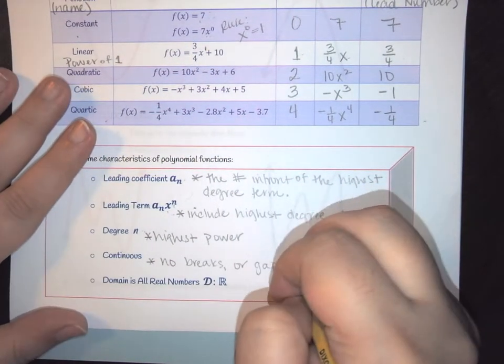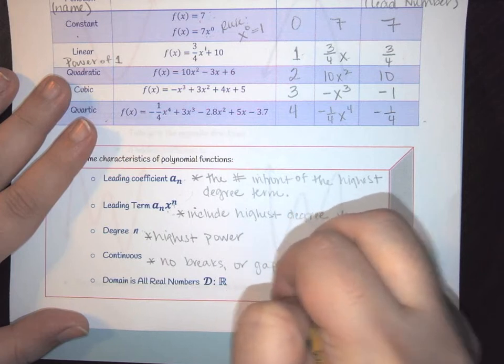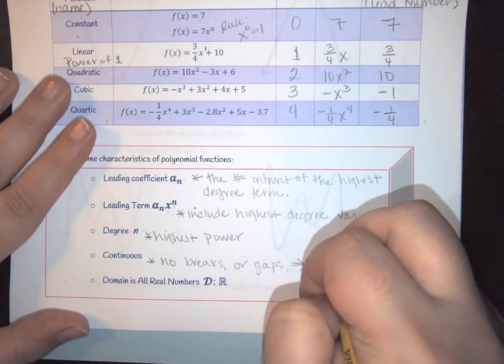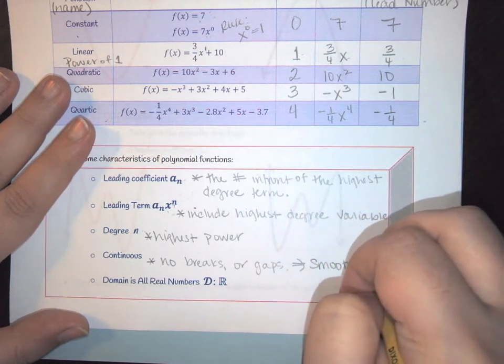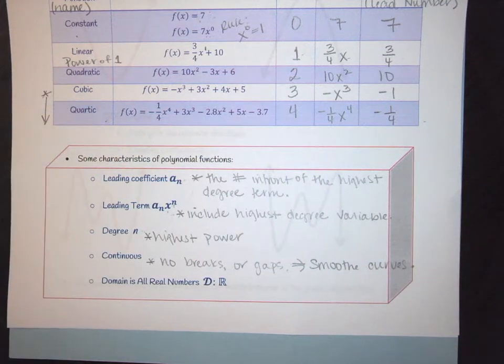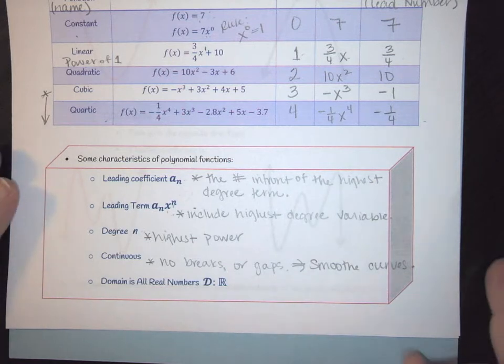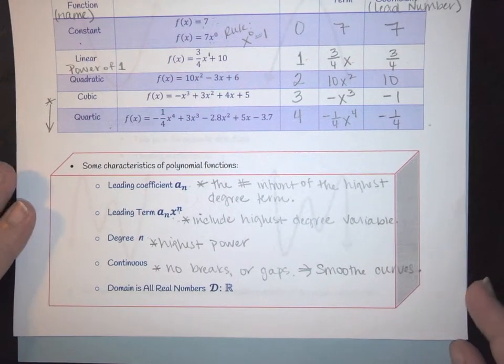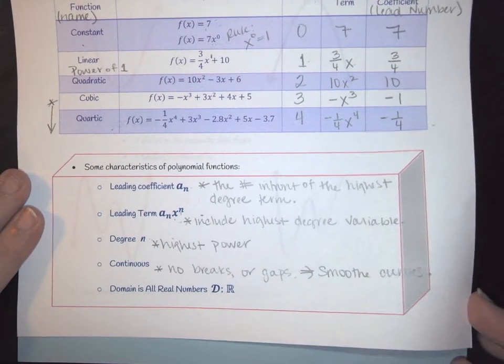Okay, this also means that we are talking about smooth curves. Now, last but not least, our domains. For most of our higher level polynomials, your domain is always going to be all real numbers, because with most of these, we are not going to come across an x value where we have an issue.